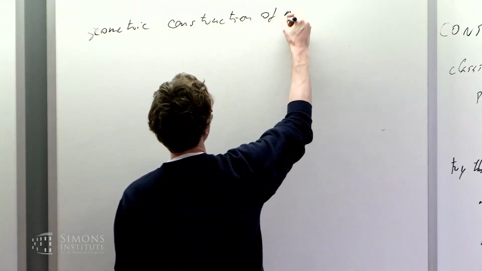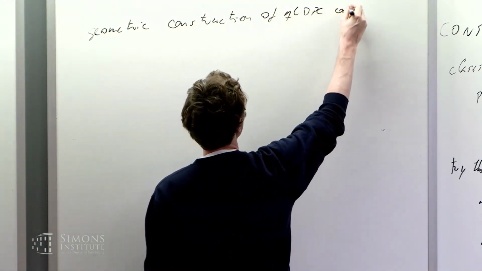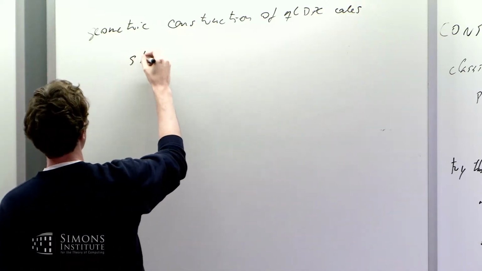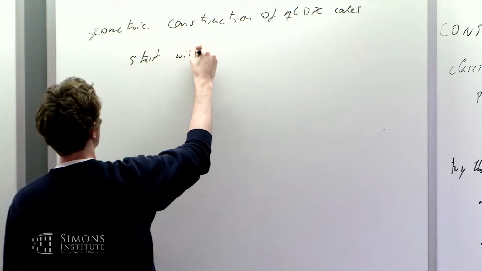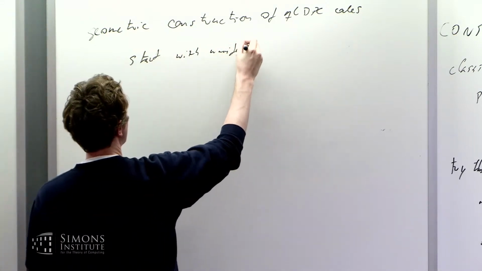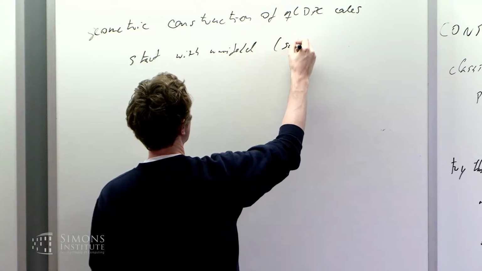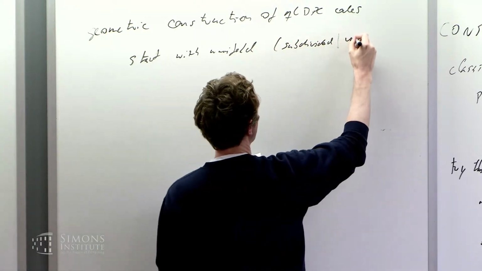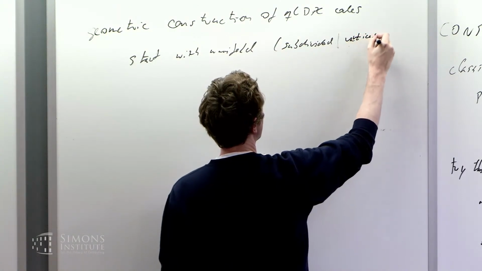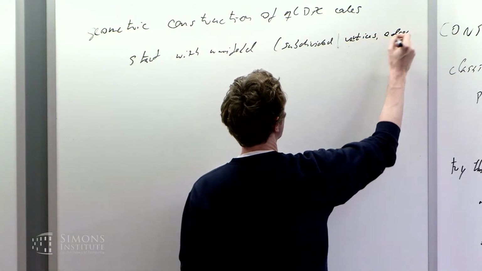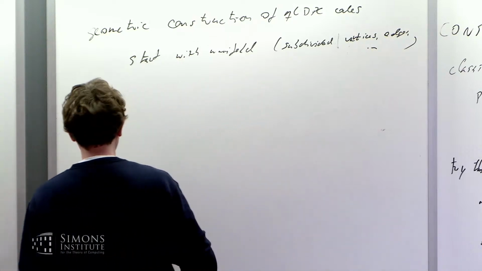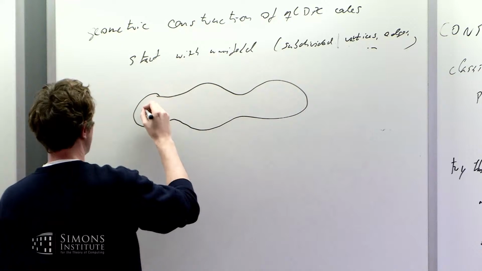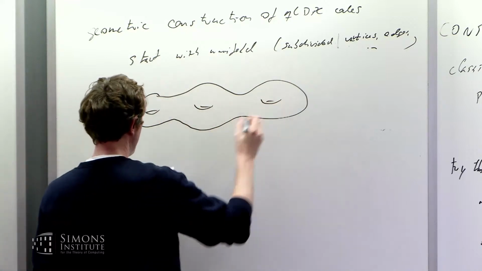We start with some manifold, which is subdivided into vertices, edges, and so on. Let me draw a little picture. It doesn't have to be a two-dimensional surface, but something like this.